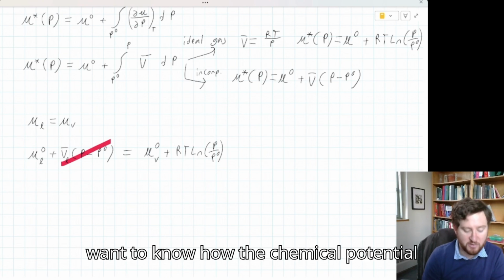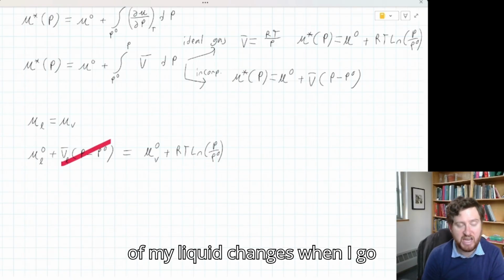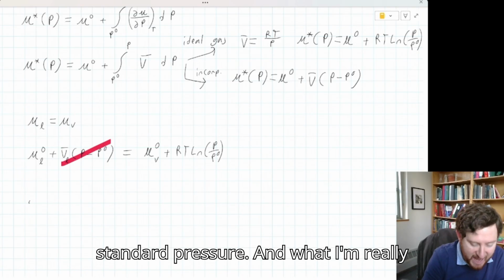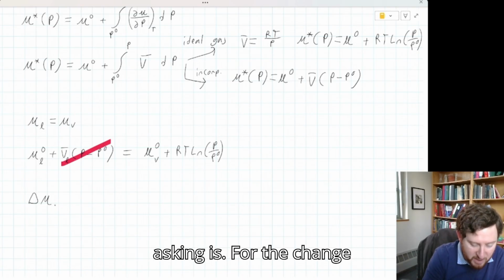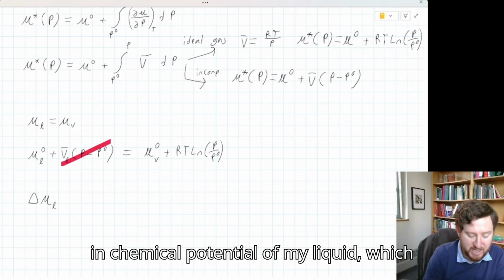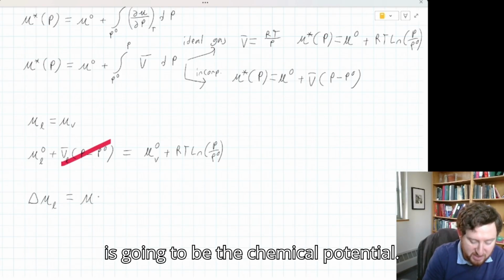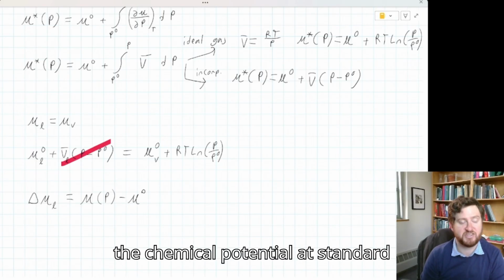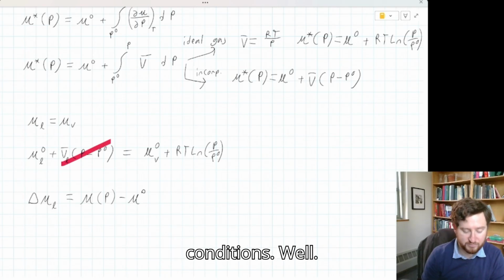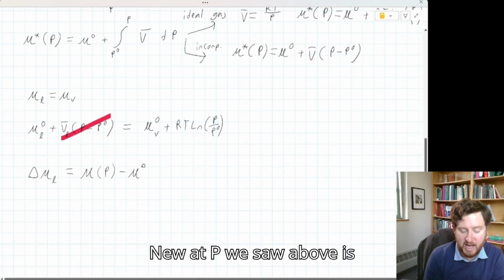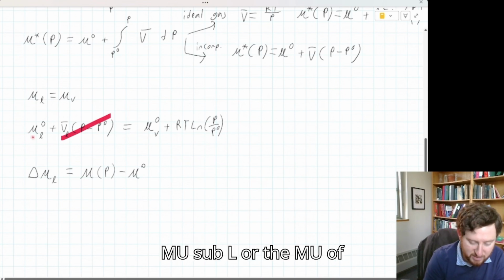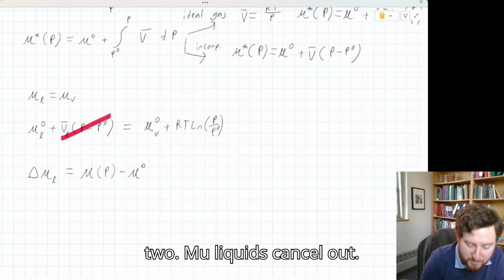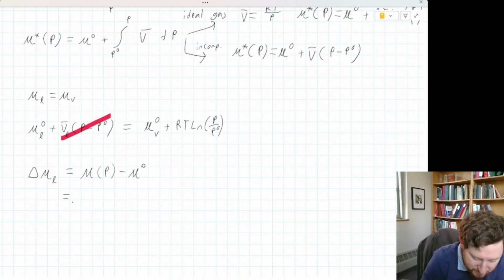If I want to know how the chemical potential of my liquid changes when I go from standard conditions to some non-standard pressure, what I'm really asking is for the change in chemical potential of my liquid, which is going to be the chemical potential at some pressure P minus the chemical potential at standard conditions. Well, mu at P, we saw above, is mu sub L, or the mu of the liquid, plus this bit. So those two mu liquids cancel out.